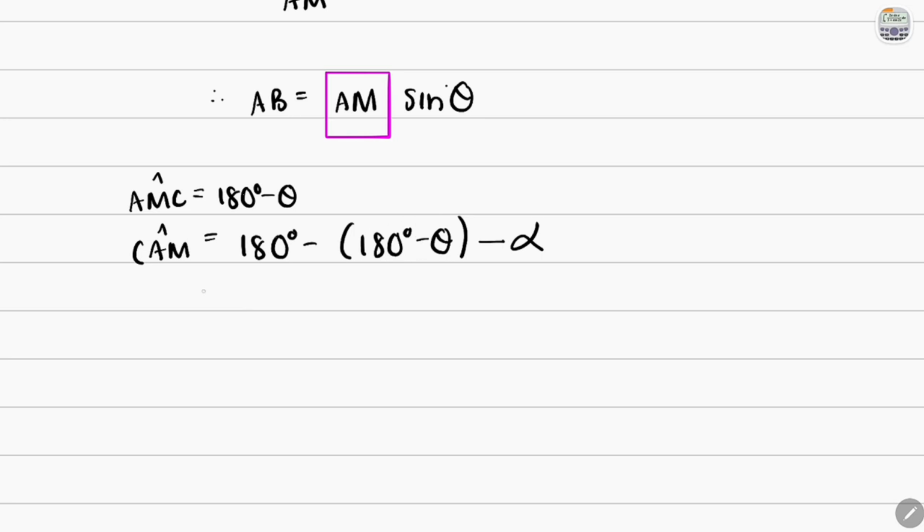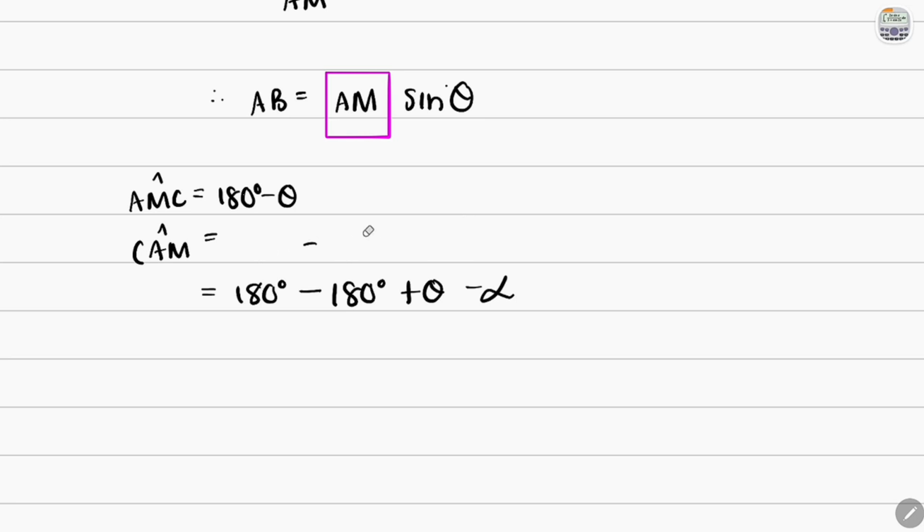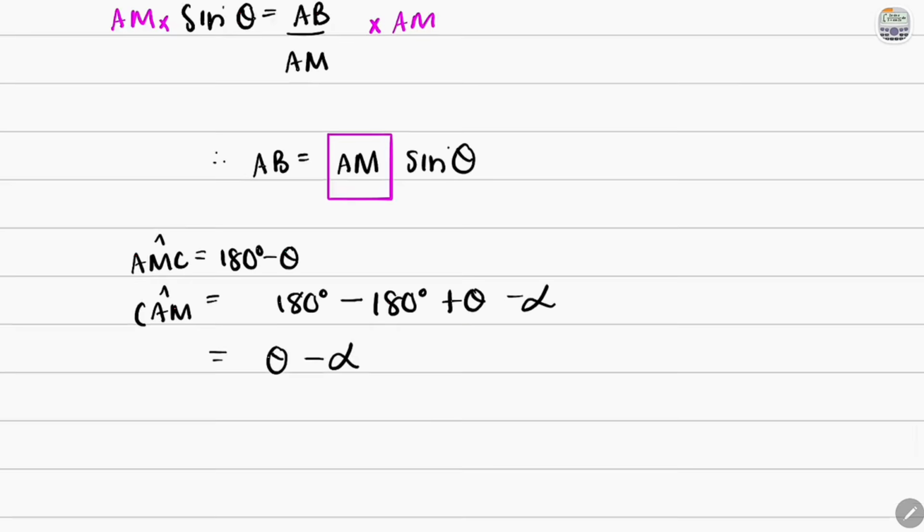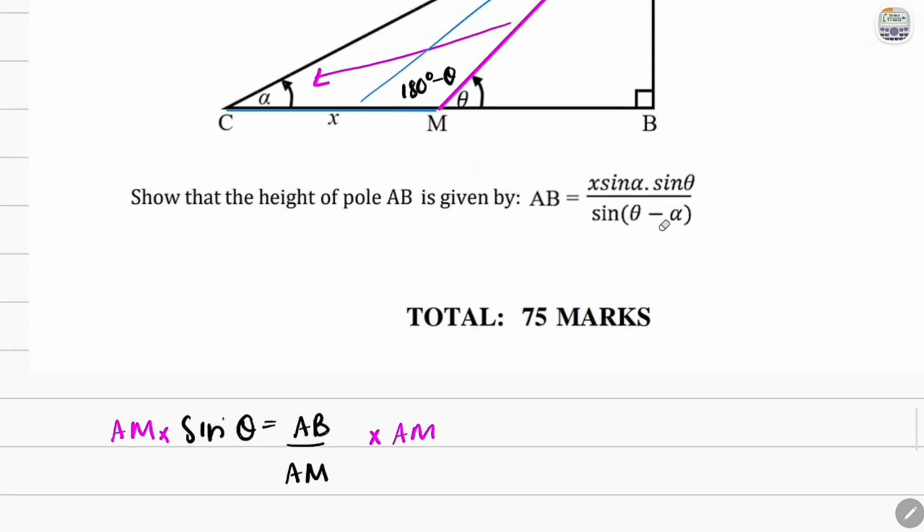It's not part of this. So this is 180 degrees minus 180 degrees, and then that becomes a plus theta, and then this is still minus alpha. So you can see from this that 180 degrees would just cancel, and all you'd be left with is theta minus alpha, which makes sense. See how they have that there?